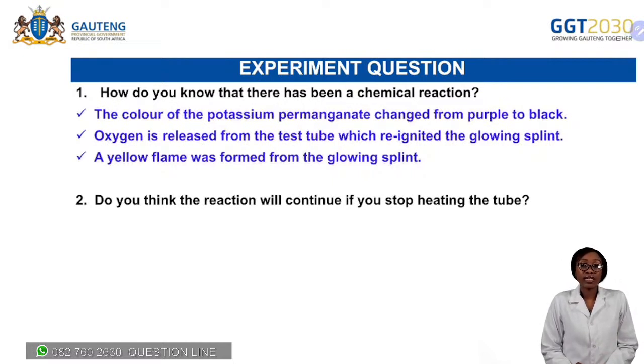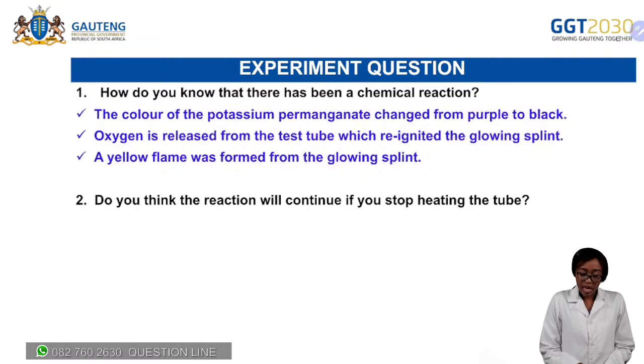So when there is a color change, it is one of the signs that there has been a chemical reaction. It means the properties of that particular compound have changed.